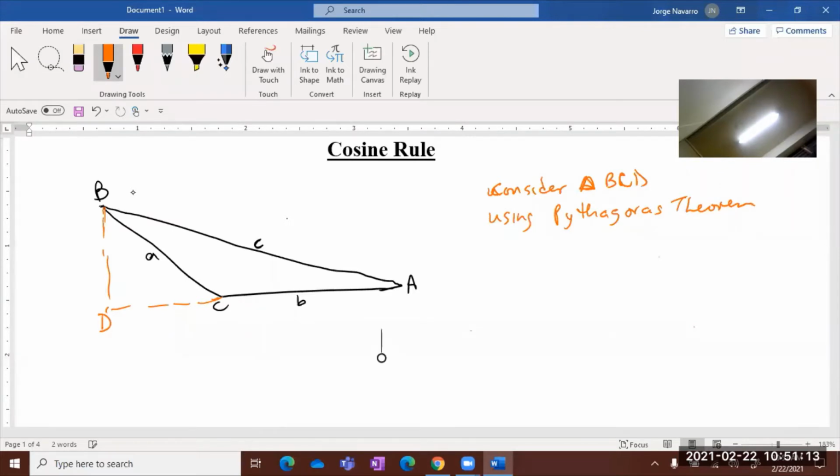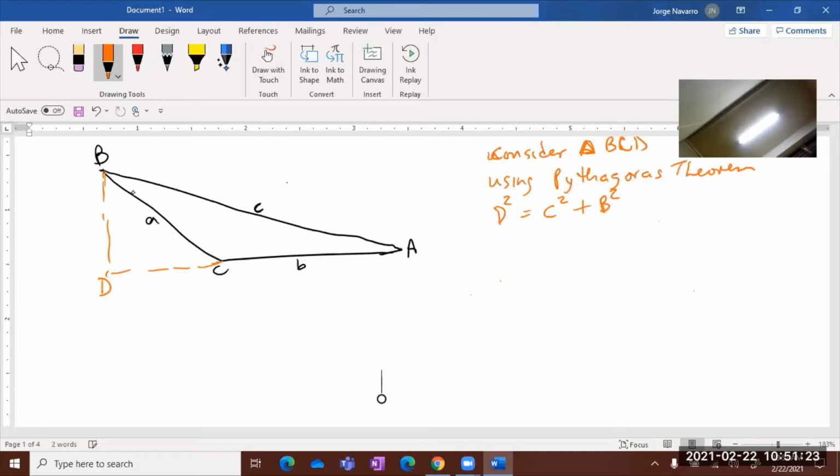So that means that I'm going to have that D squared is equal to C squared plus B squared. Obviously, D squared is side A. So A squared is equal to this imaginary C, which I'm going to call BD squared, plus this side, which is imaginary B, which is CD squared.